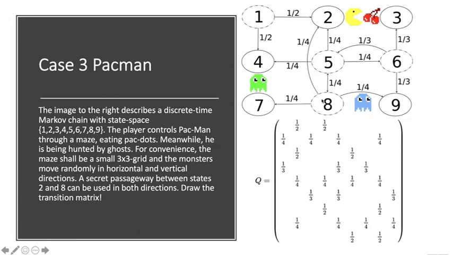And from 8 to 2, it has 1 over 4. 8 to 7 is 1 over 4, and 8 to 9 is 1 over 4. Also, 8 to 5 is 1 over 4, and 5 to 8 is 1 over 4 as well, because there are 2 directions.